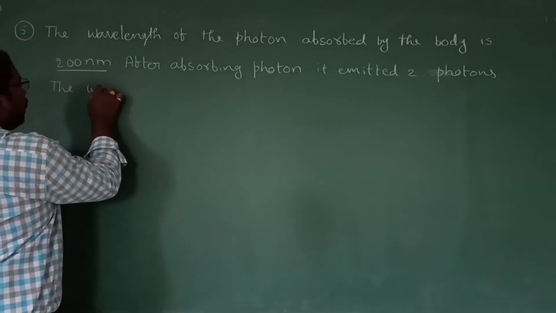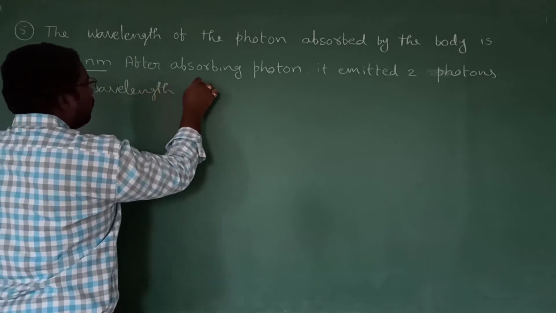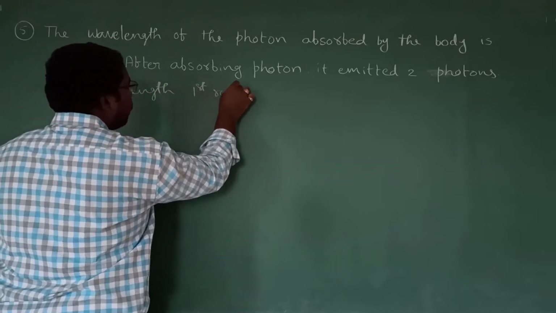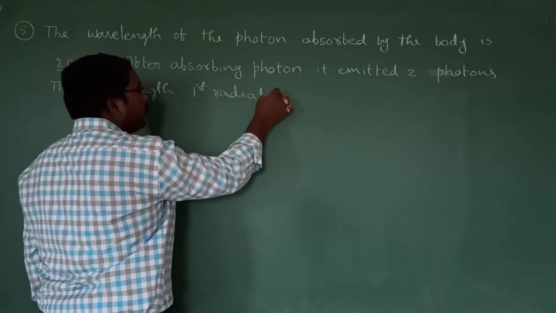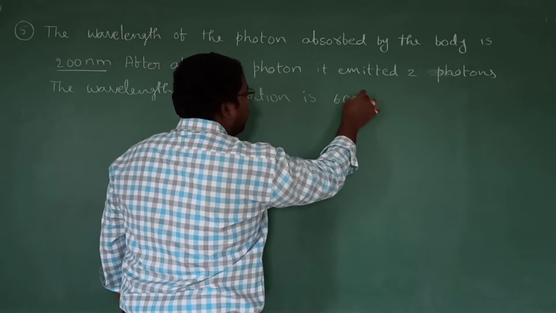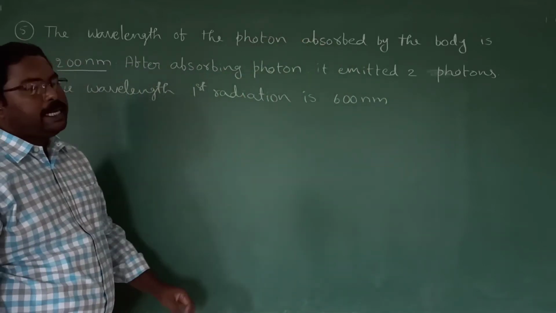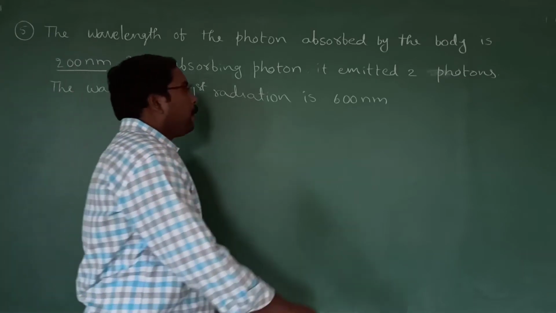The wavelength of the first radiation is 600 nanometer. Okay, the wavelength of first radiation is 600 nanometer.